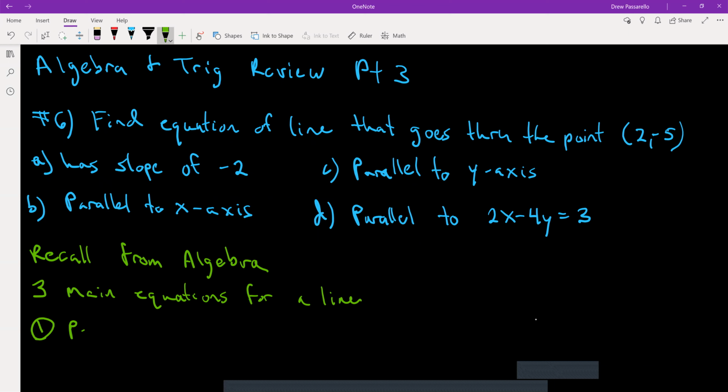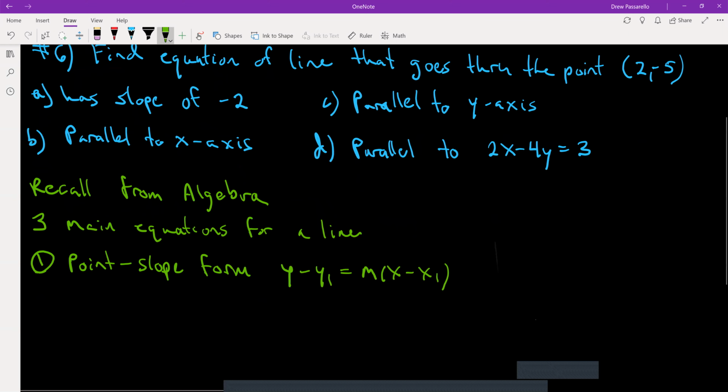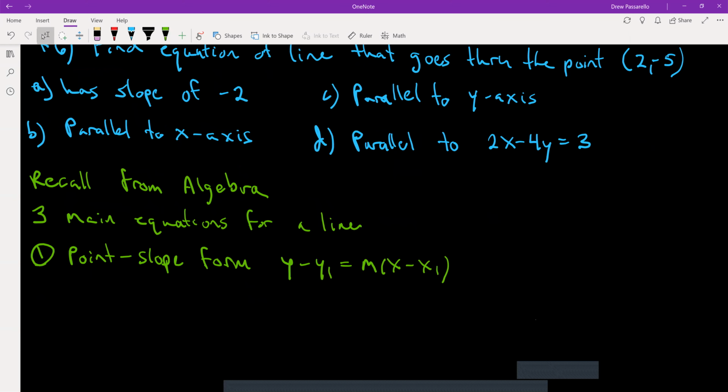So you have point slope form, and that's y minus y1 equals m times x minus x1. And again, m is the slope. Slope-intercept form: y equals mx plus b.